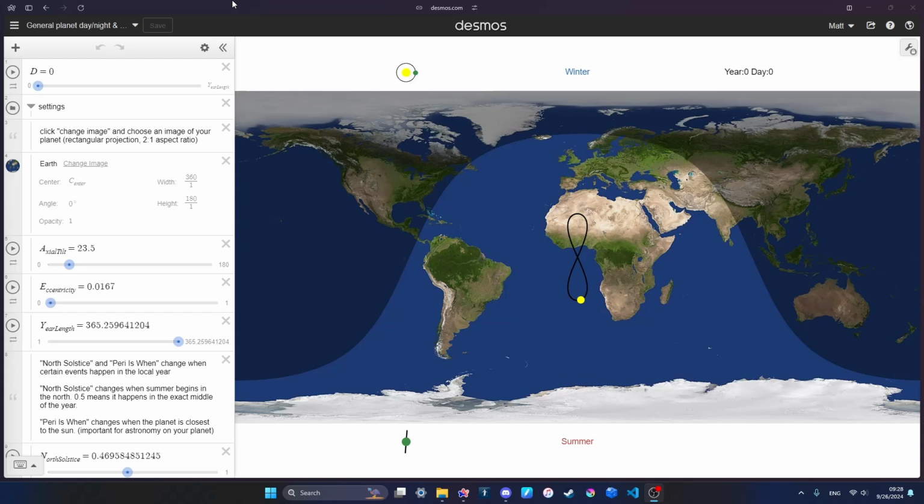So the second thing is orbital eccentricity, basically how circular your orbit around the sun is. That is shown up here. You can type in the value here, and that will change very little, actually. I said that there are three major things that cause axial tilt. Well, sorry, not axial tilt, sorry, analemmas.